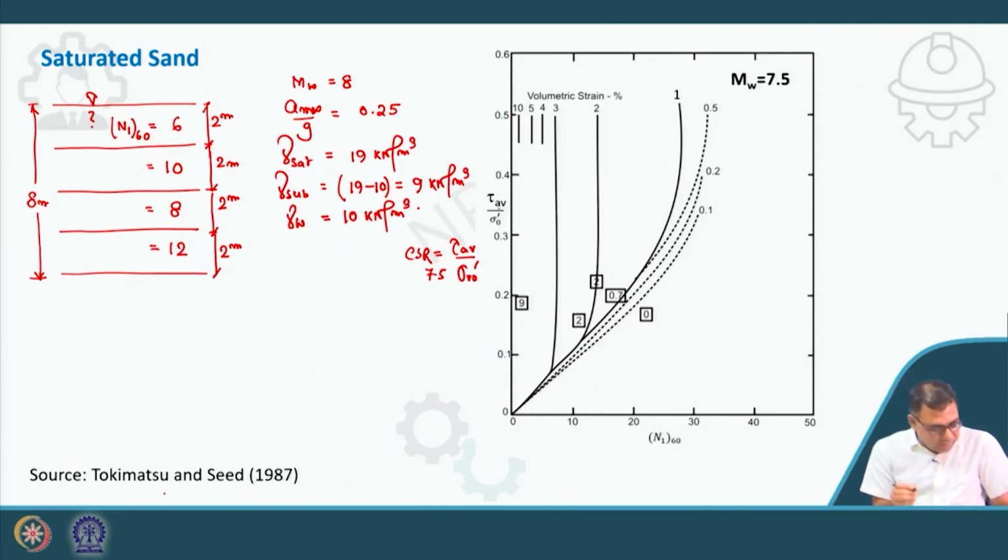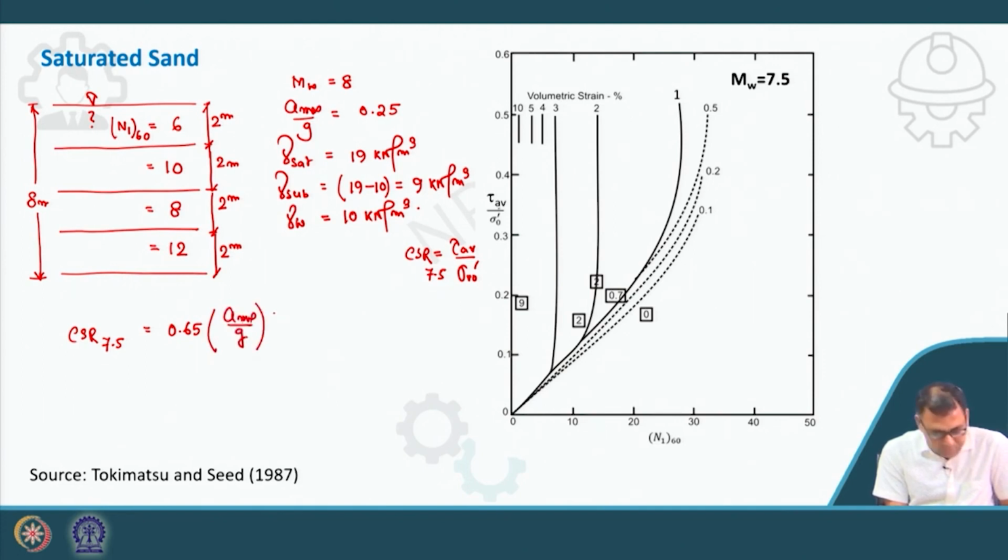Clear? Now, how will I calculate the CSR? Because I should know the CSR and N1,60, then I will get the volumetric strain here. The CSR value for 7.5 is 0.65 times amax by g into sigma v by sigma v dash into rd.